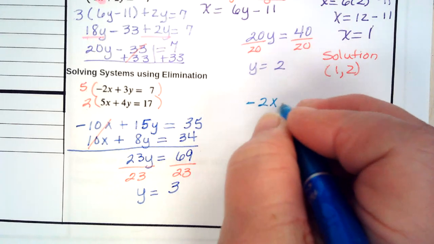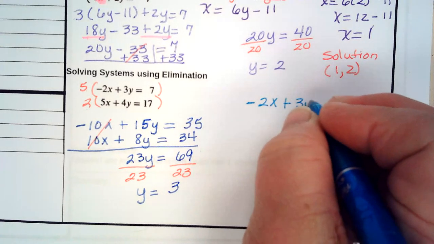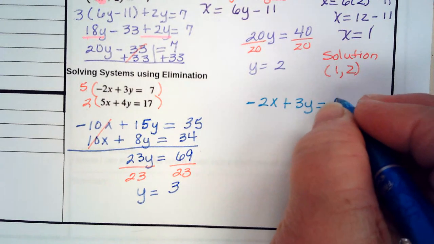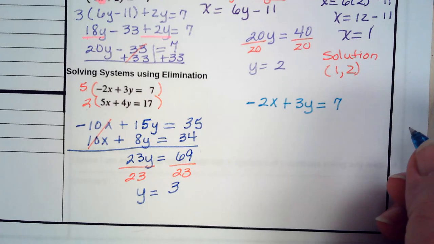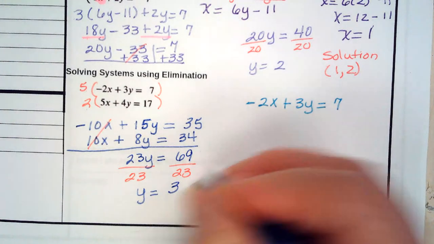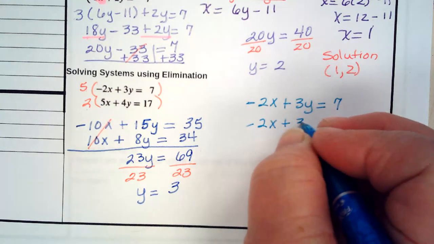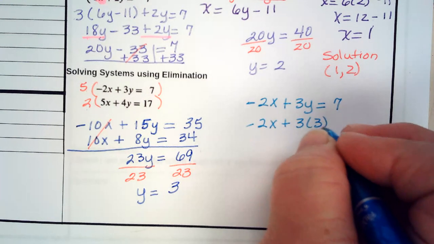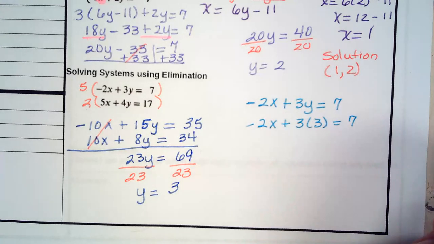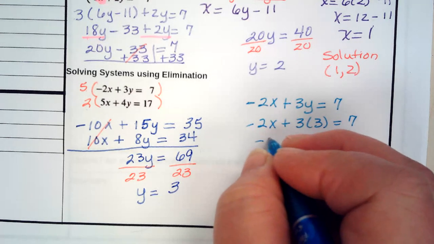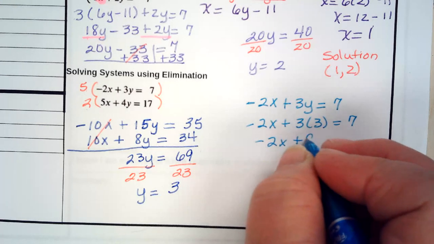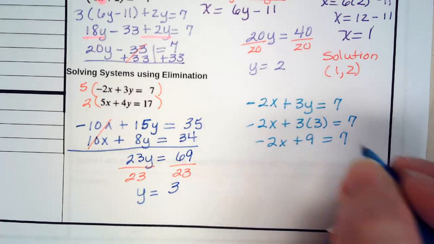Negative 2x plus 3y is equal to 7. Substitute 3 in for y. Negative 2x plus 3 times 3 is equal to 7. Simplify. Negative 2x plus 9 is equal to 7.